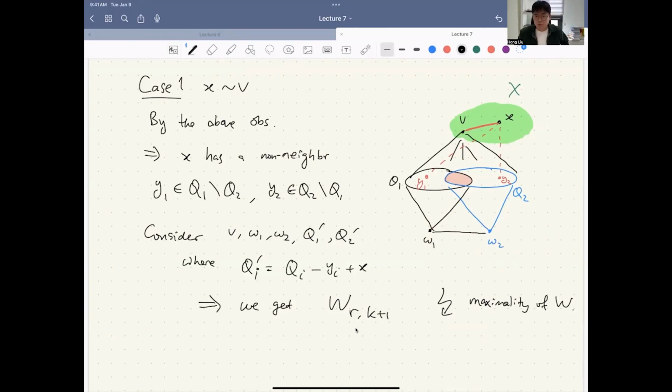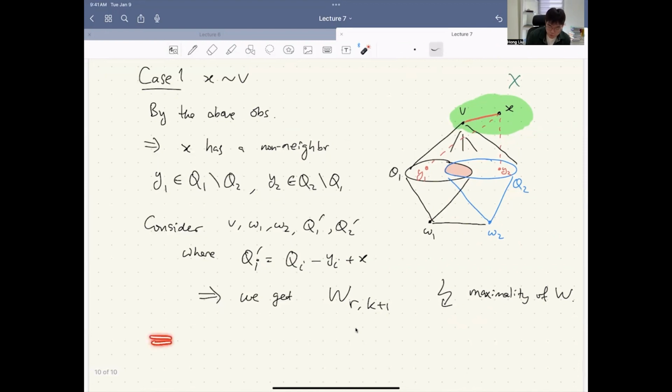So it's impossible to get a wheel-like graph with a larger value of k. So that means X, any vertex in X, cannot be joined to V.